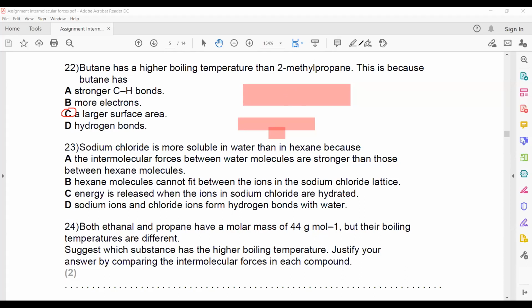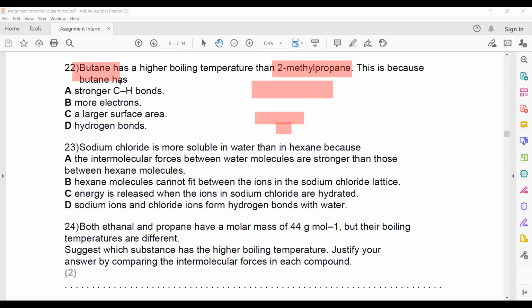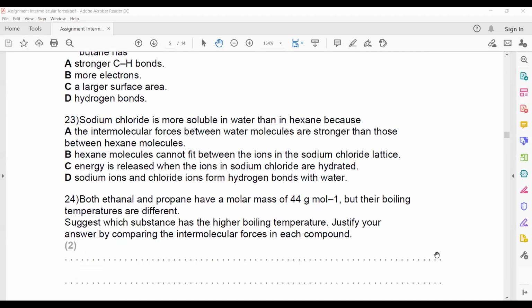Both have the same forces because they have the same molecular formula. Dipole induced dipole forces depend on the number of electrons and the surface area, because 2-methyl propane is branched whereas butane is a straight chain. So the straight chain has a large surface area. They both have the same number of electrons. When you write the molecular formula of butane and 2-methyl propane, you'll find both have the same number of electrons.